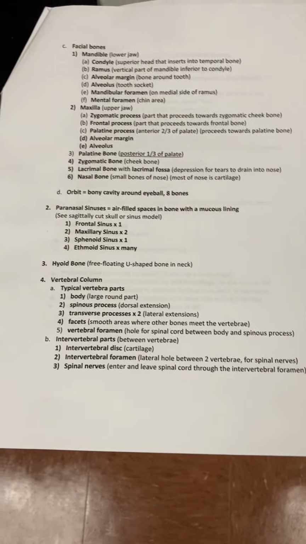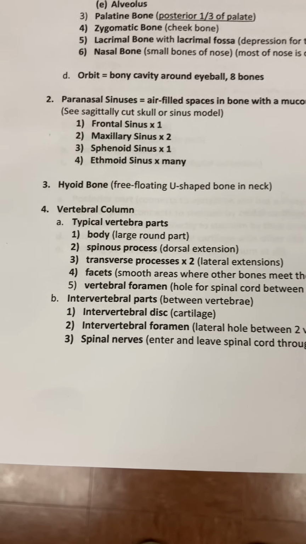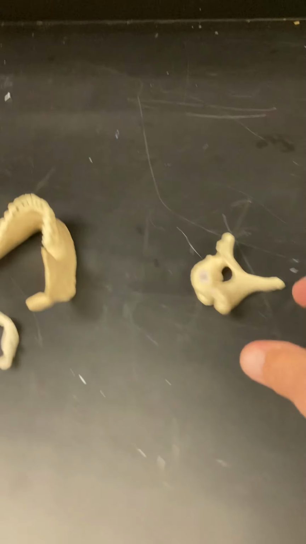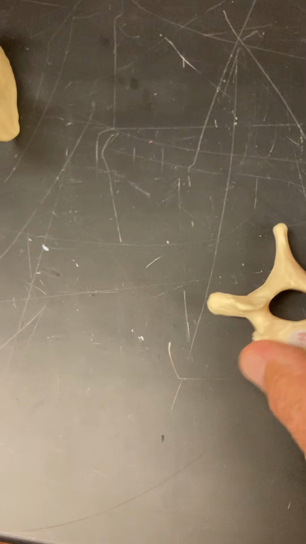Let's look at our sheet and see where we are. Okay, so we have the vertebral column, and first I'm going to go over the parts of a typical vertebra. We have a typical vertebra here, looking straight down on it.